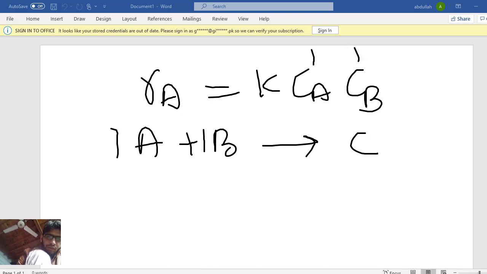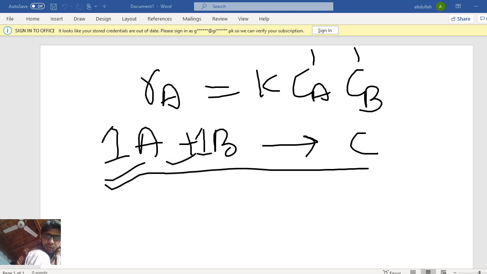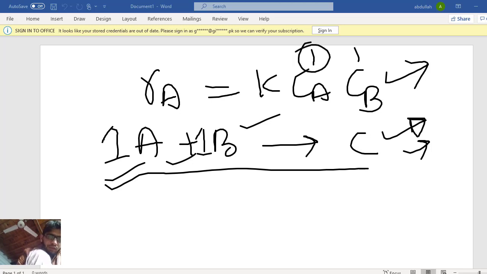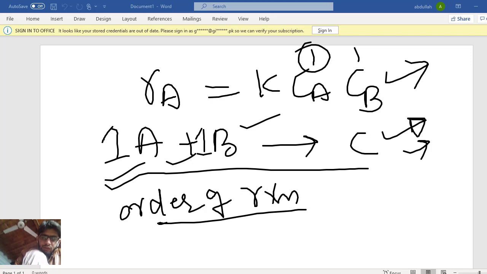Such a type of reaction whose rate law is written in terms of stoichiometric coefficients is known as an elementary reaction, and the power of concentration is nothing but the order of reaction.